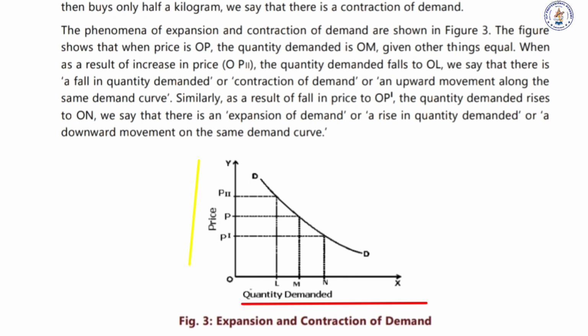So what happens? His demand is expanded. That is what the demand curve shows in figure 3. I think now you would have really understood that according to the variation in the price, the quantity demanded either expands or contracts, and when the 3 points are joined, you get DD, that is the demand curve. This is what is explained very clearly in figure number 3.